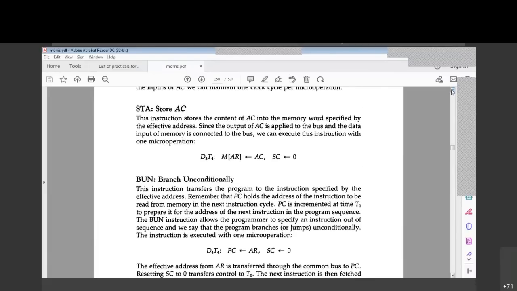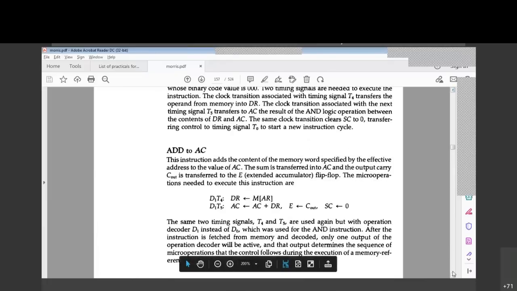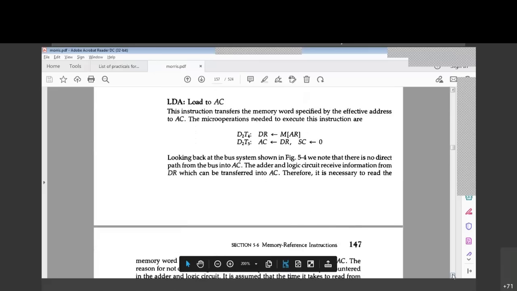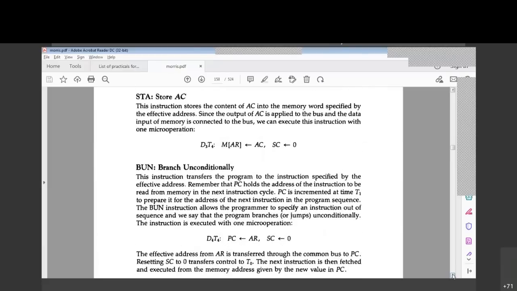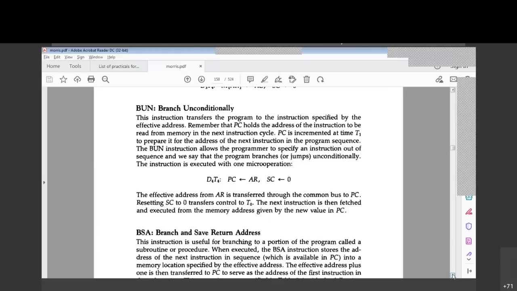Okay, so the first three instructions are taking two timing signals to execute. Then in store, nothing needs to be done, direct bus के through data transfer हो जाएगा. For branch unconditional also, simply store the AR content to PC.